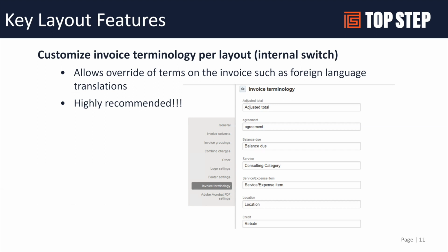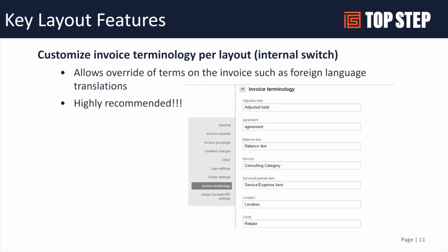So customers maybe, for example, don't like user being shown on an invoice. Instead, they want to see employee or some other terminology. So in this way, you can go into a particular invoice layout and do a terminology override, so that when the invoice is generated, it shows that.